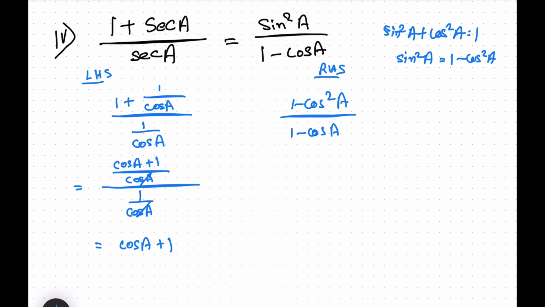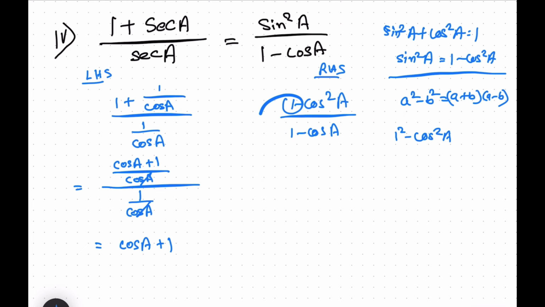So again we can use the formula a square minus b square, we can write a plus b times of a minus b, right? So 1 square minus cos square a. See, this one we can write as a 1 square, right? So what we can write here? 1 plus cos a times of 1 minus cos a, right?